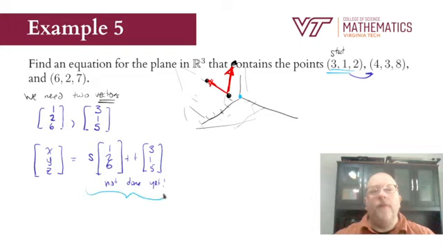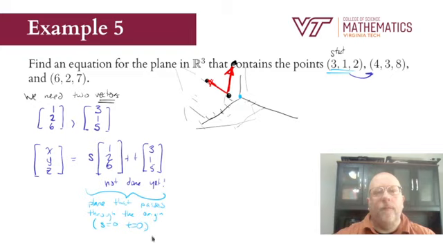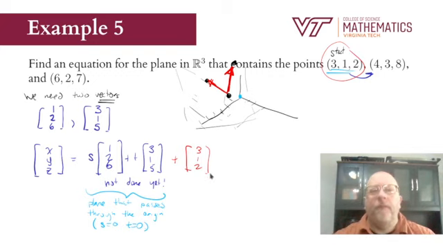So this is a plane that passes through the origin at s equals 0 and t equals 0. We need a plane that passes through 3, 1, 2, and so we have to shift everything by 3, 1, 2 to guarantee that it goes through our starting point.